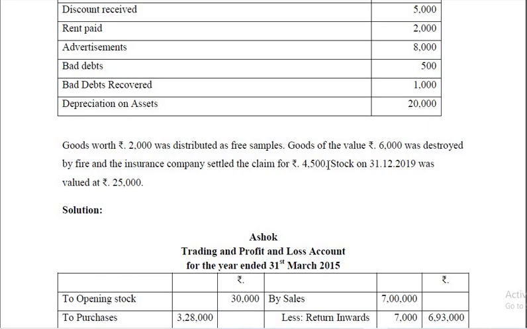One is goods destroyed by fire account debit to trading account. Next one is insurance company account debit 4,500, profit and loss account debit with the net loss 1,500 to goods destroyed by fire account. So goods destroyed account will be closed because once it is debited and again it is credited.